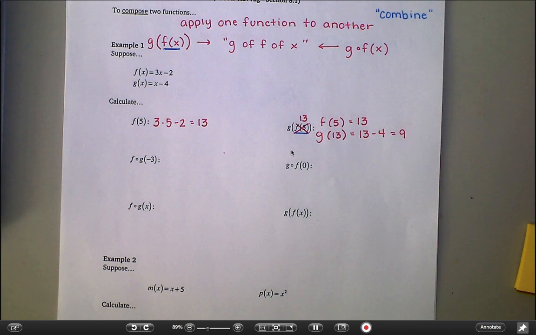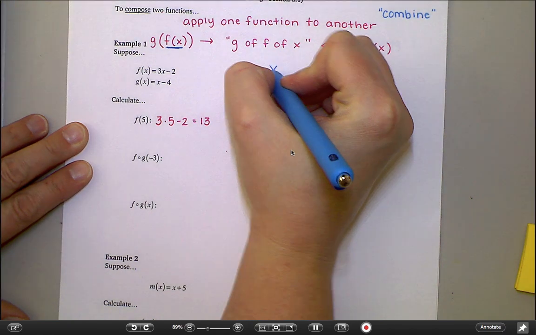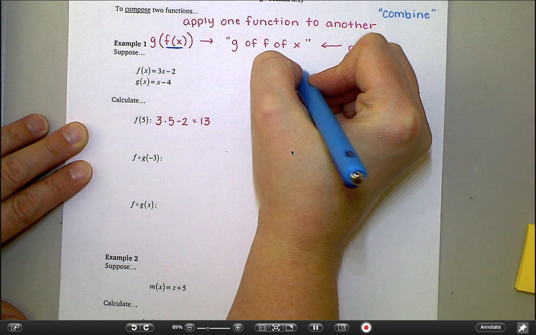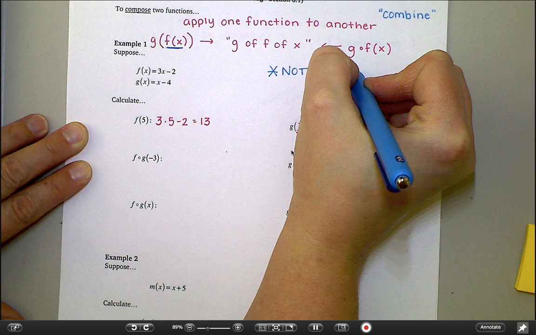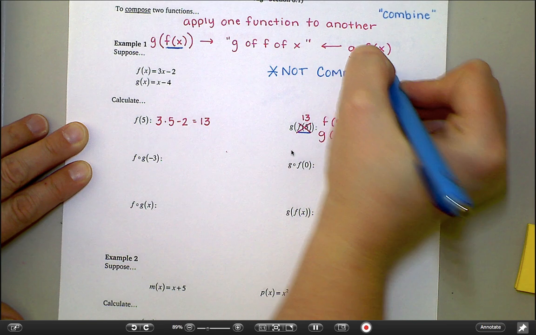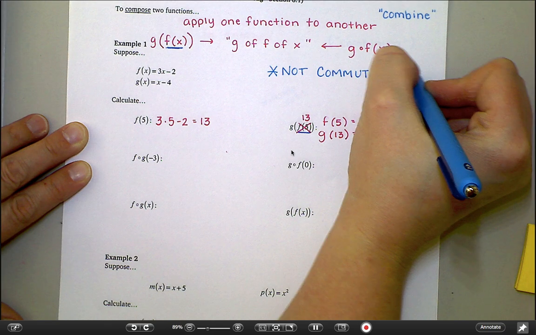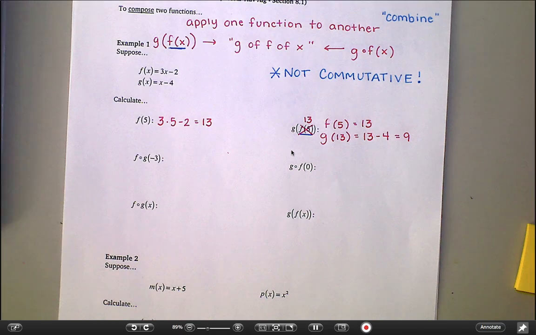Something I should probably point out here, and I'm trying to look ahead and see if I have an example that shows this, but this process is not commutative. If you don't remember what the word commutative means, the easiest example would be either addition or multiplication. With addition, if you add 2 plus 3, it's the same as 3 plus 2.